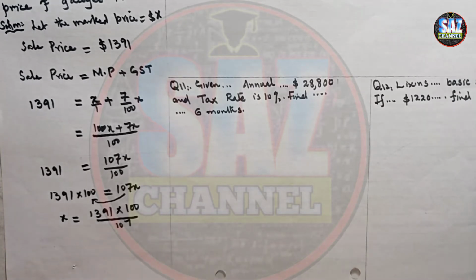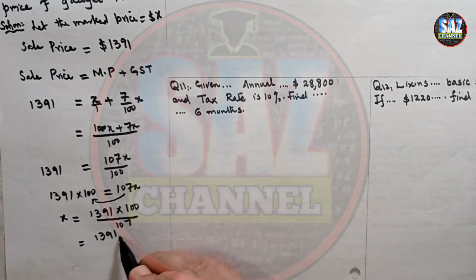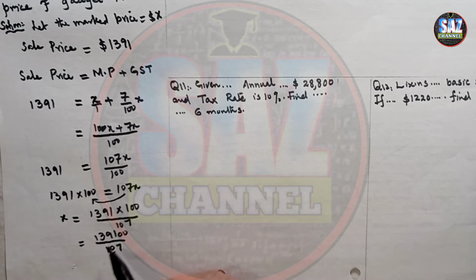Now let me check the calculation. 1391 multiplied by 100, upon 107, becomes 139,100 divided by 107, and that will give me 1300.